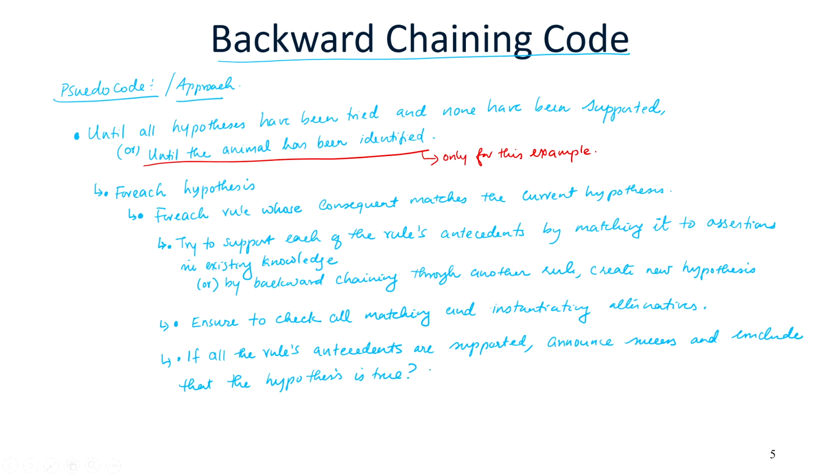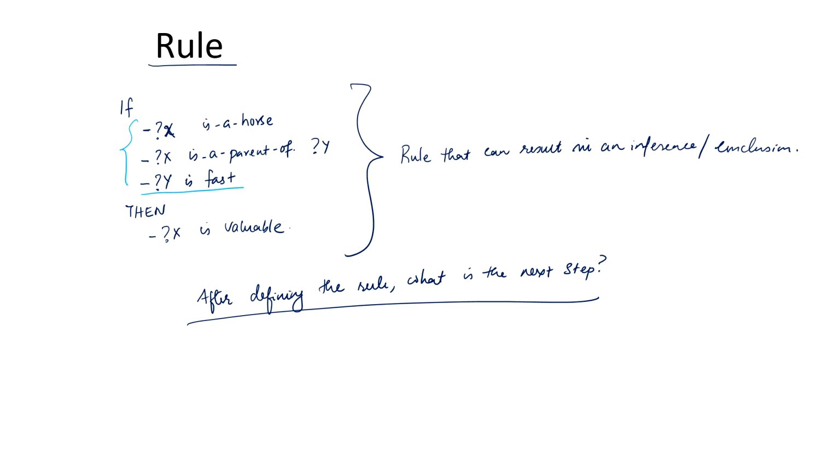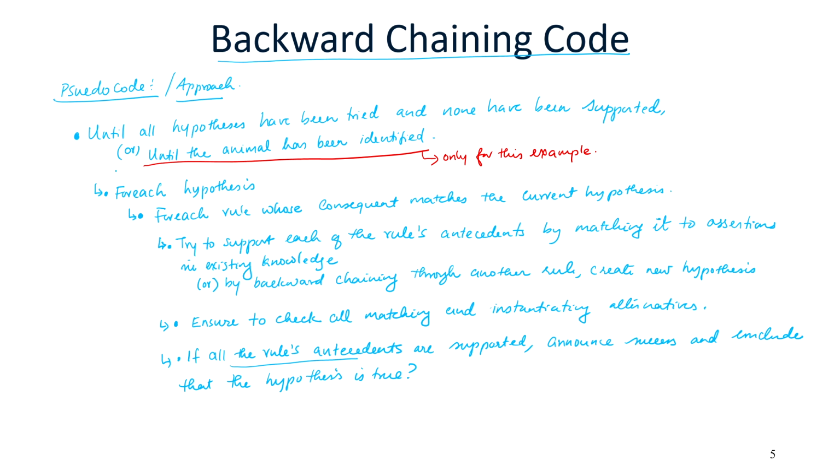So in this case, what are the antecedents that need to be supported? All these are to be supported. If that is possible, then we conclude and declare that the hypothesis is true.